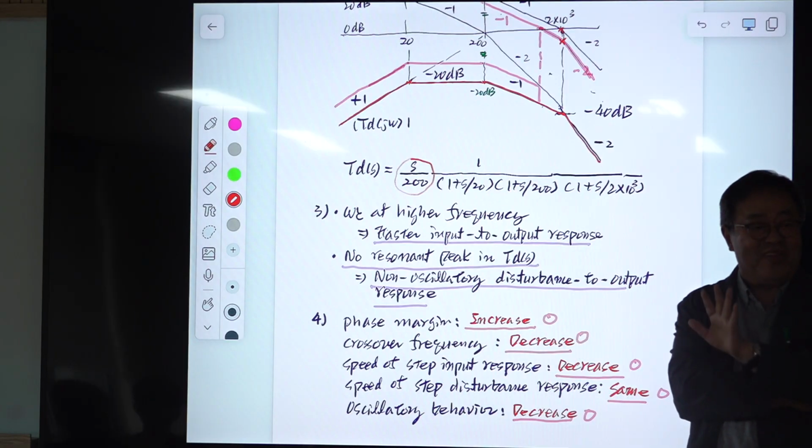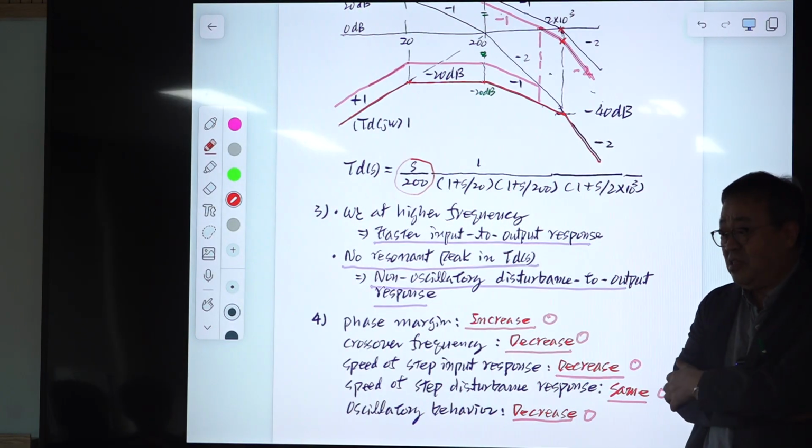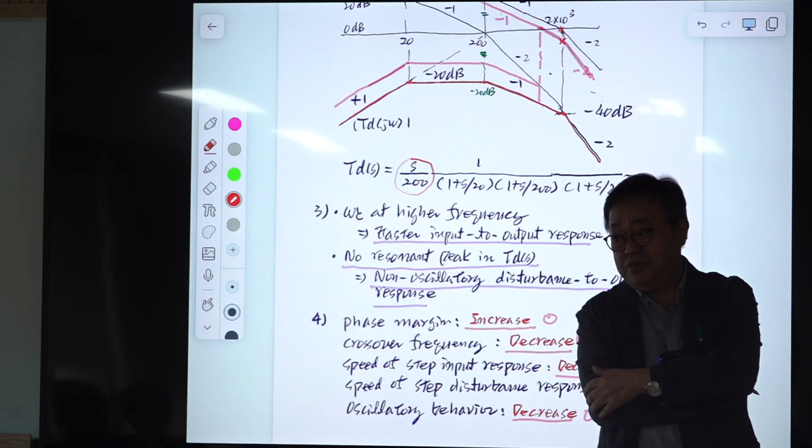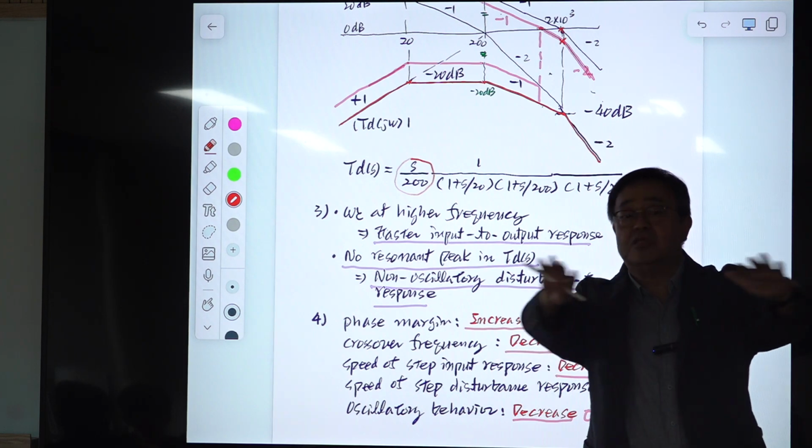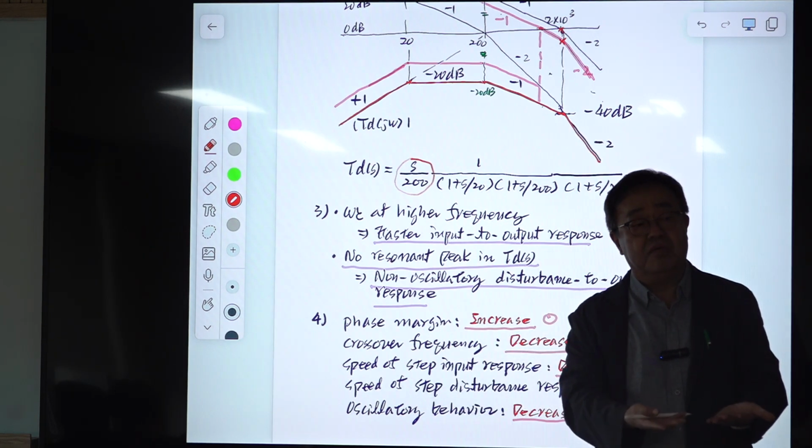You won't learn this type of analysis in other books or other lectures, okay? Particularly the pole zero compensation realization becomes very simple, right? And you have this general picture of the feedback system.